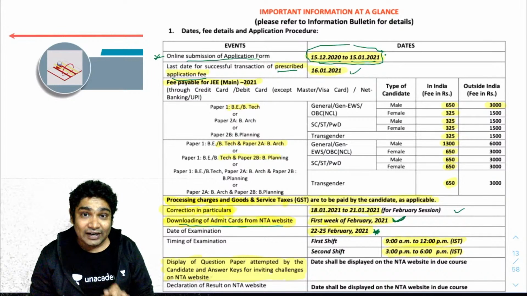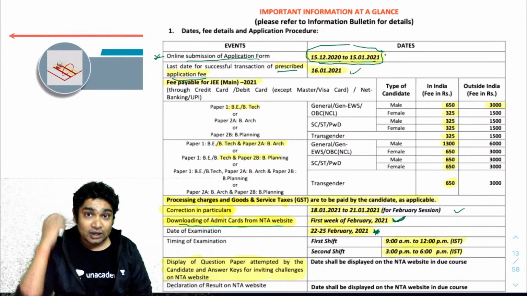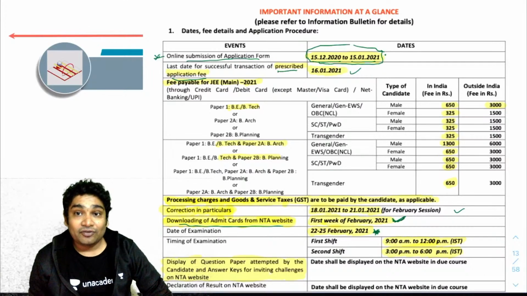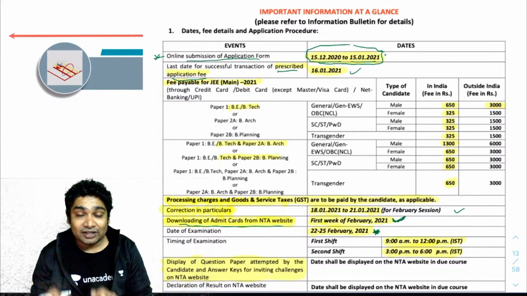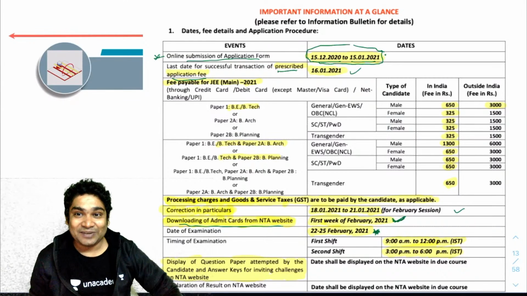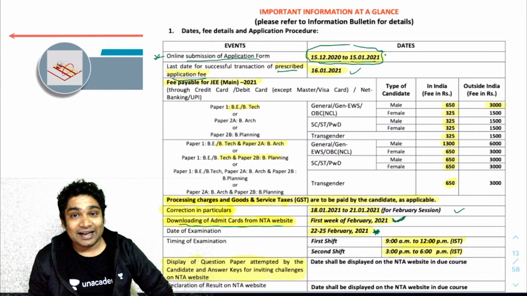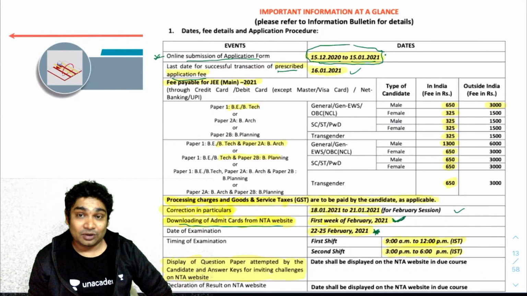Now, if you filled something wrong while filling up your application form, then you can correct the particulars of your application details from 18th Jan to 21st Jan. First of all, make sure you're not filling out anything wrong in the first place. By chance, if you still manage to do that, you can even correct that information from 18th to the 21st.